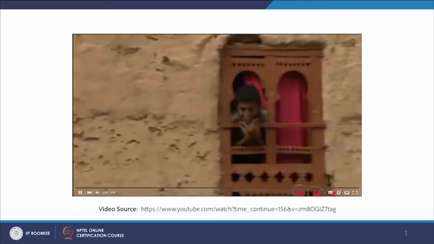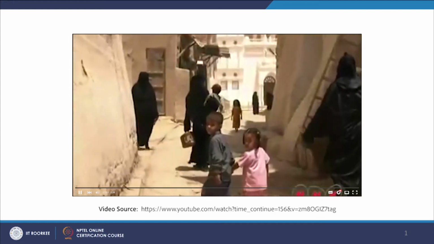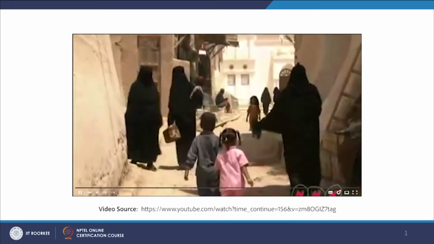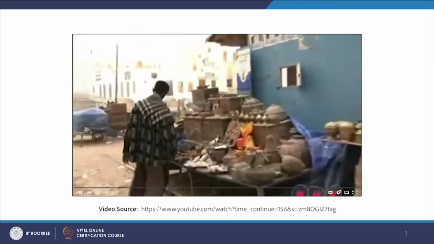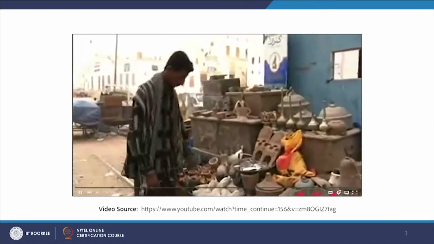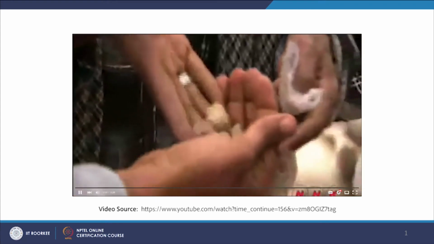The history of Shibam dates back to the 3rd century. However, the buildings which remain today are mostly from the 16th century. But how did this city attain so much wealth that people had to fear and prepare for enemy attacks? The secret lies in frankincense, which is still sold in the town.